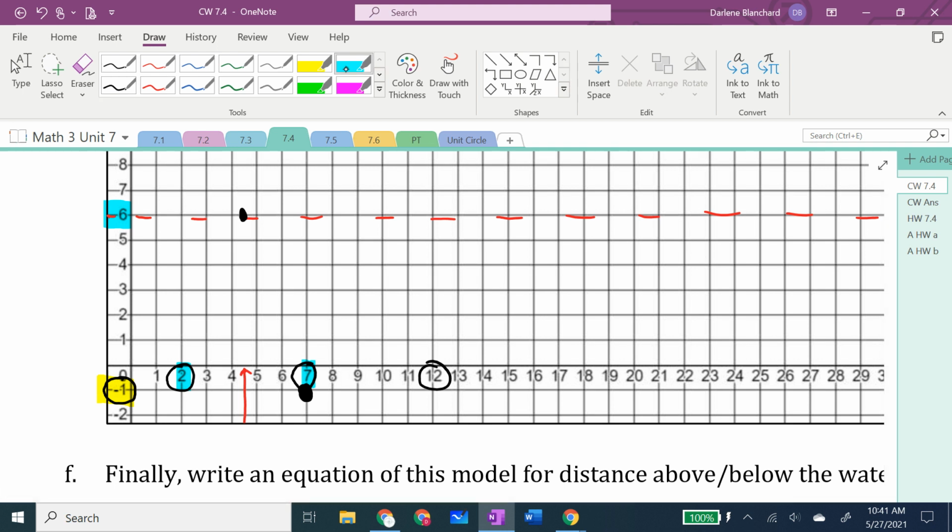Then it's going to hit the midline halfway between when it's at its lowest point and when it's at its highest point. So what's halfway from 7 to 12?